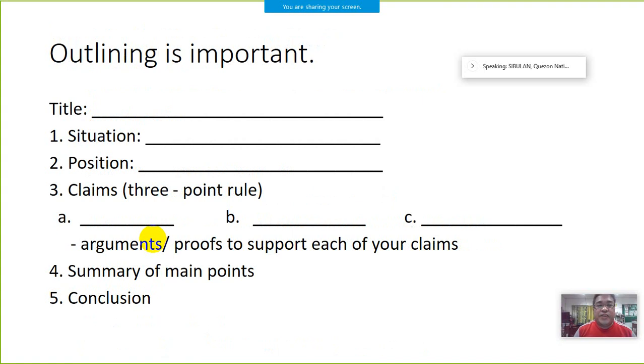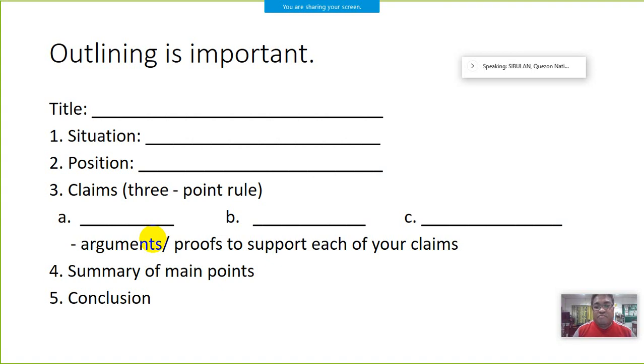So I have here a sample of an outline. Outlining is important in writing, or prior to writing, an editorial. So, a possible title, then identify the situation, then give the position, then the claims.